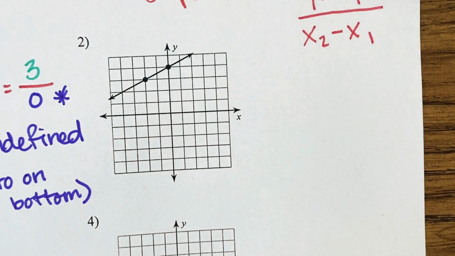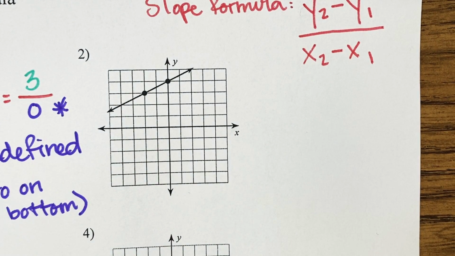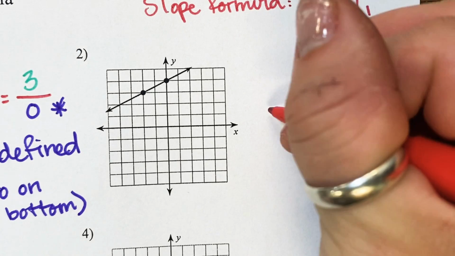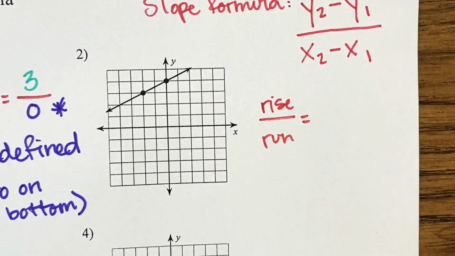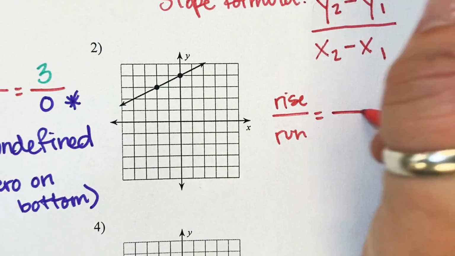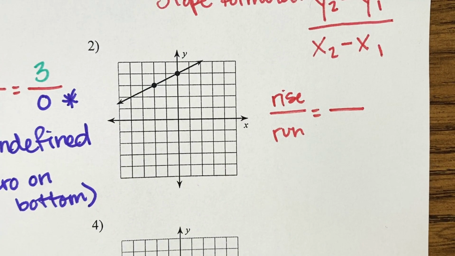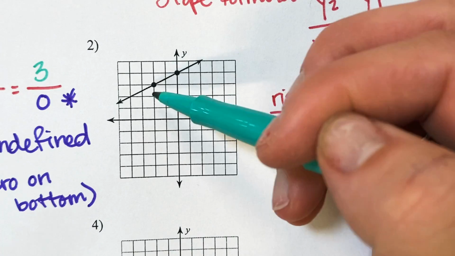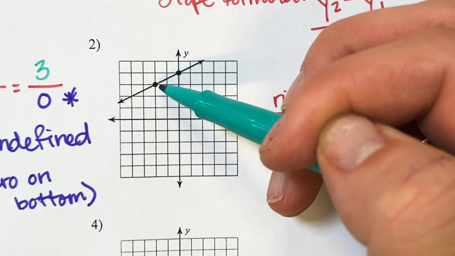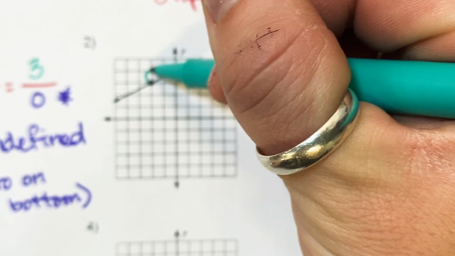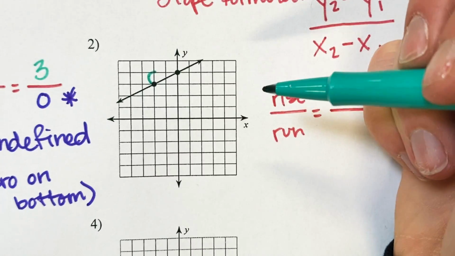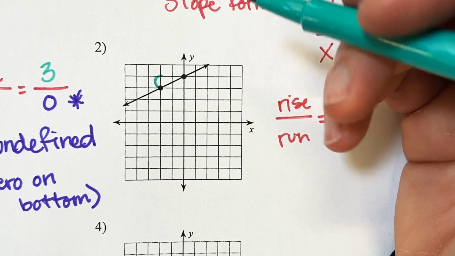Okay, well, let's look at number 2. So we're thinking rise over run. Got to go up and down before we go left or right. Okay, so let's start from our lower point. Our lower point is this guy right here. So I'm going to first rise. From the same line that my second point is on, I only had to rise 1 space.